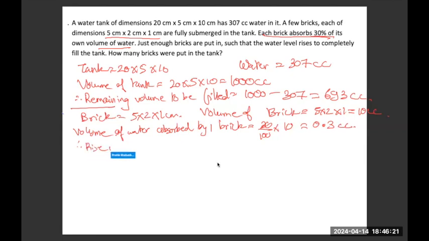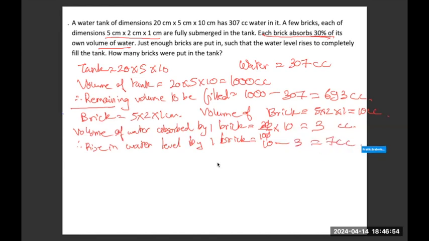So the volume of water level rise by one brick is equal to 10 minus 3, sorry, this is 3, which is equal to 7 cc.